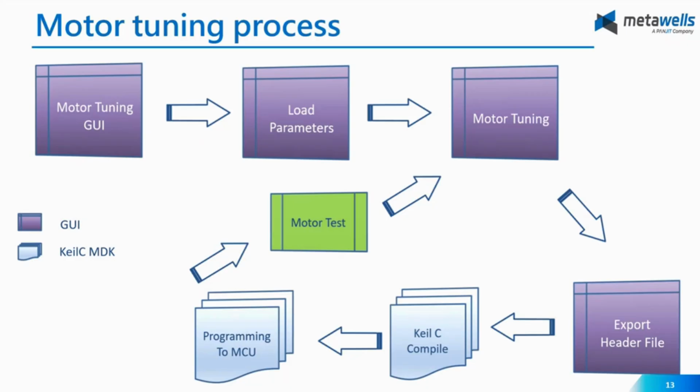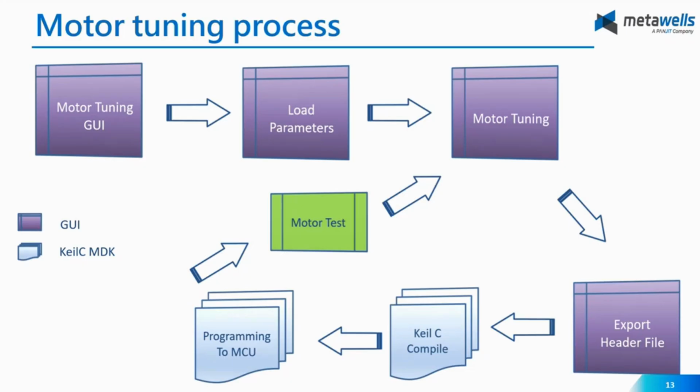We export the header file to here, KLC NDK. KLC NDK is a firmware platform for development on Cortex-M0 systems. After exporting the header file, we compile this project, program to the MCU, and then we do the motor test.